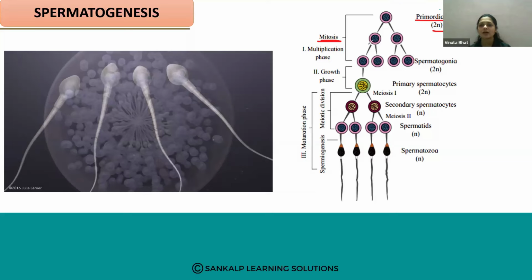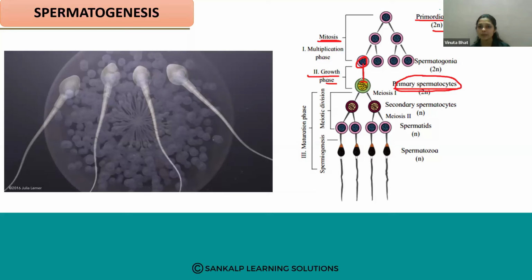In mitosis, the number of cells increases, right? Here one of the spermatogonial cells becomes mature and becomes the primary spermatocyte. That is the growth phase.